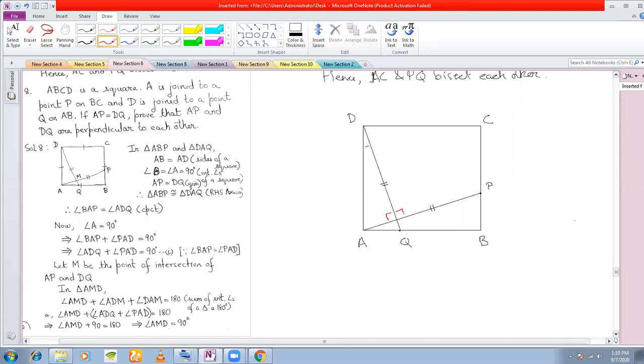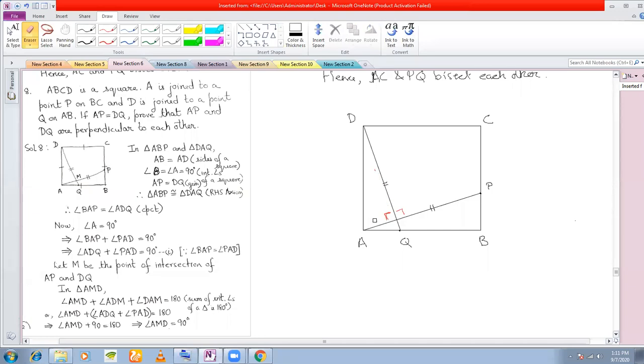If I can show that the sum of these two angles in this triangle ADQ is 90 degrees, then I can say this angle is 90 degrees, and therefore AP and DQ are perpendicular to each other. But how do I show that the sum of these two angles is 90 degrees? That is the main thing that we are concerned about here.